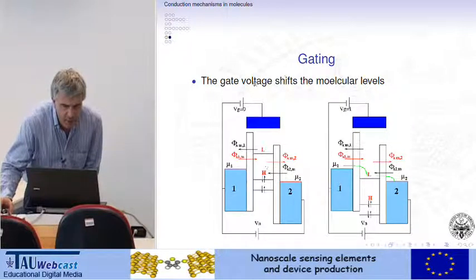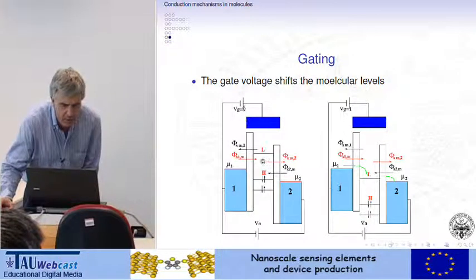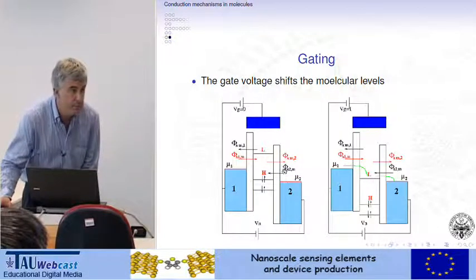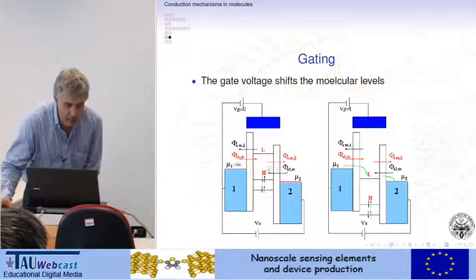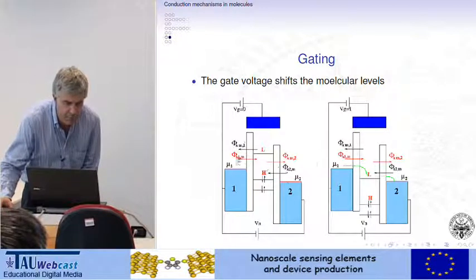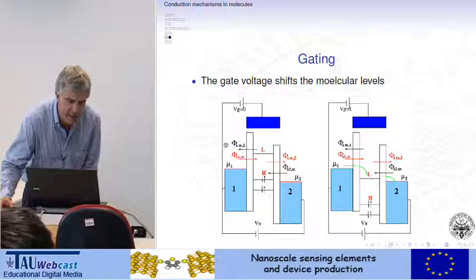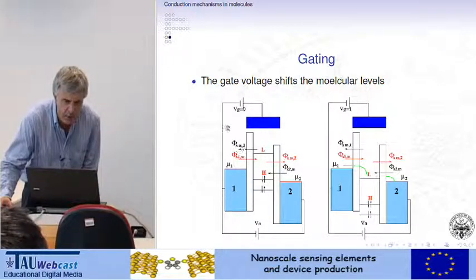It's clear that when you have a gate voltage equal to 0, the position is this one. It's clear that the current in this system will be 0. It will be 0 because the Fermi function will be 0 both on the left and the right. The difference is 0, but it's clear also from a physical point of view because there are no electrons here, so the flux is impossible.